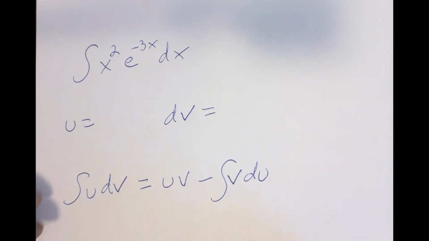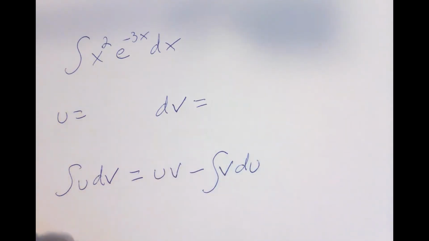So again, we'll take values for u and dv, then we'll differentiate u to get du, and integrate dv to get v. People have different acronyms and things to think about when selecting the value for u. The more problems you do, the more you'll know the correct thing to choose for u.